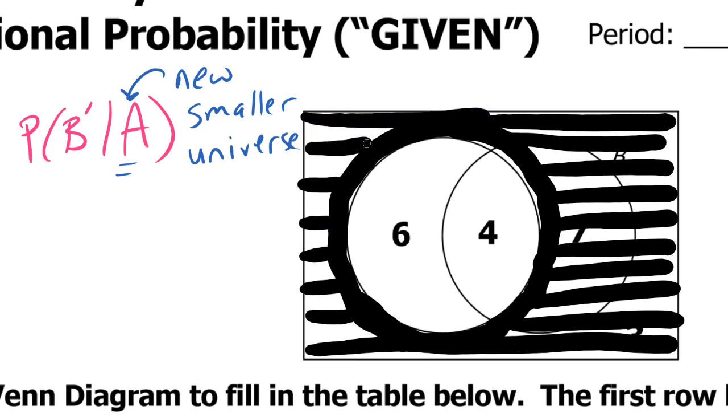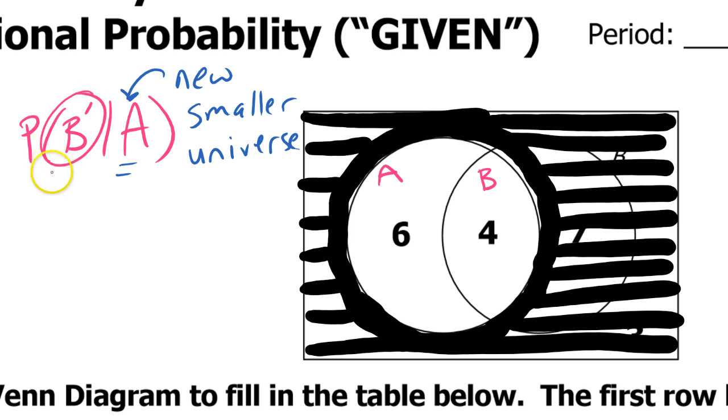Okay, so let's keep in the back of our minds that this part of the picture is A and this part of the picture is B. So now that we've blacked out everything except for A, that takes care of the given. So now we can focus on doing the calculation mentioned in the first part.